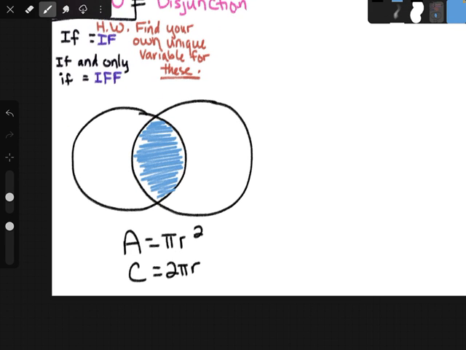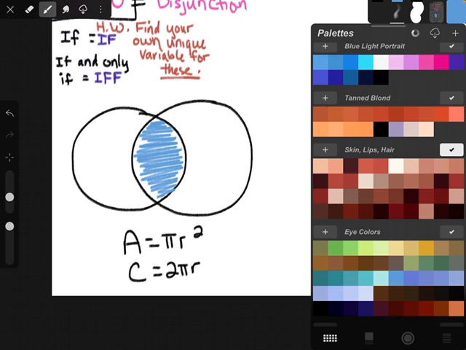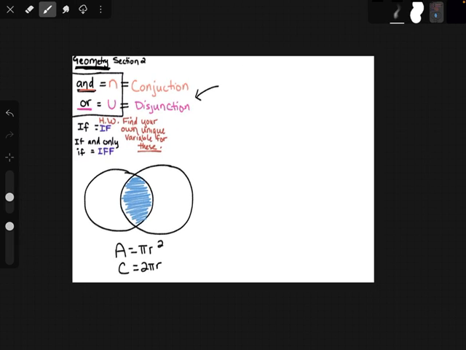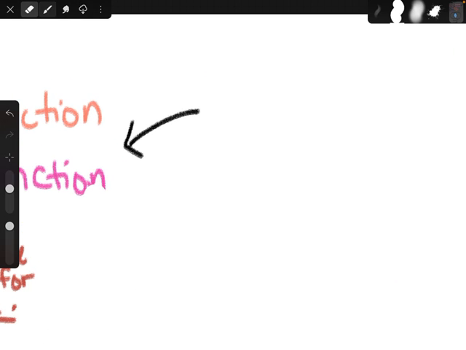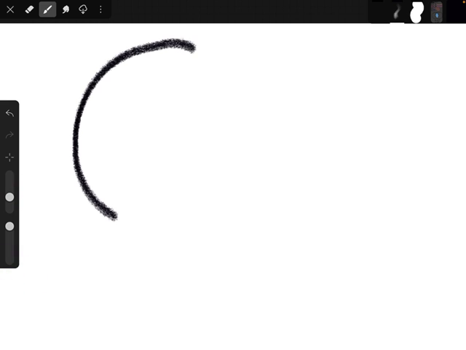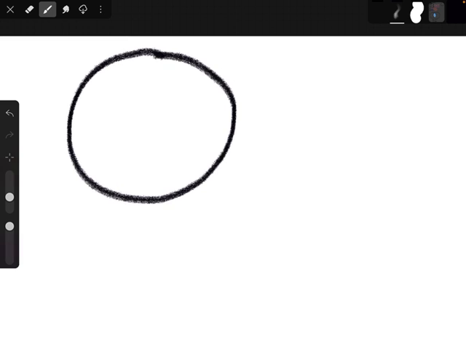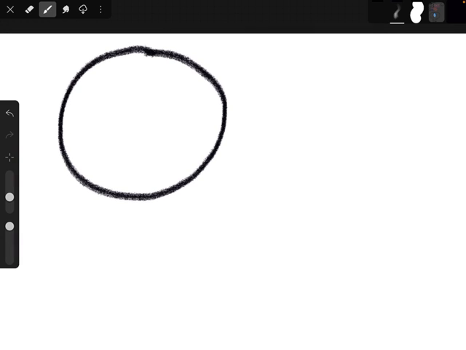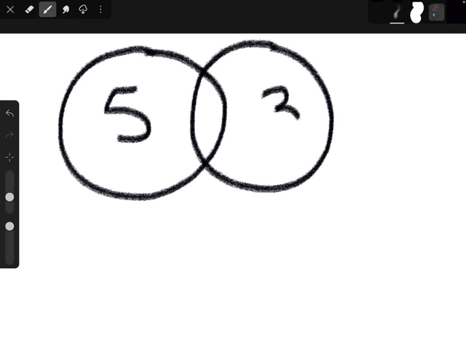Well, what if I said that, let me get my primary color here. Let me erase this. What if I said that this circle was 5? Let's just say, okay? This circle was 3. And if I said, I just want and. Oh, you know what? Let's color code this.